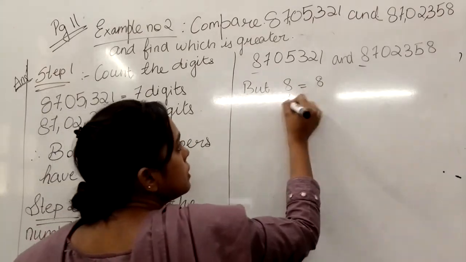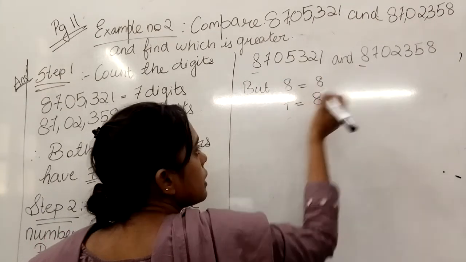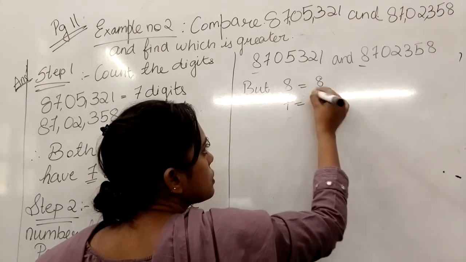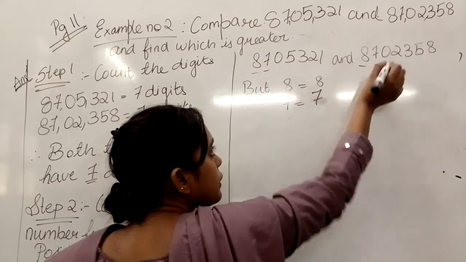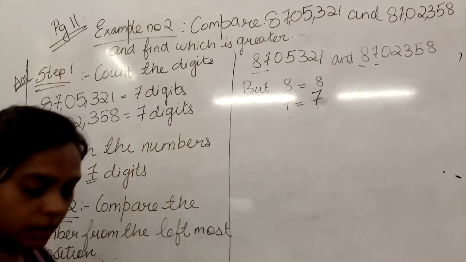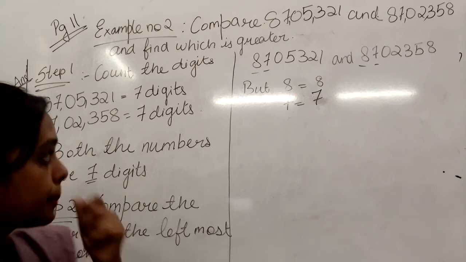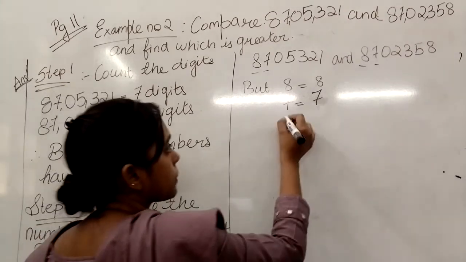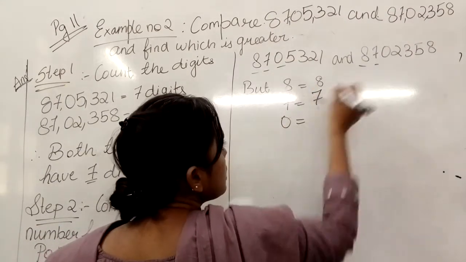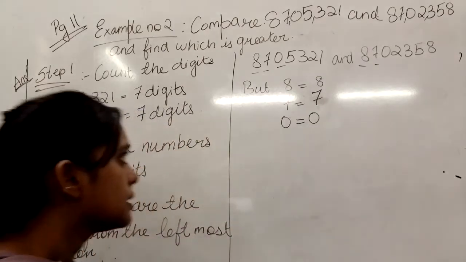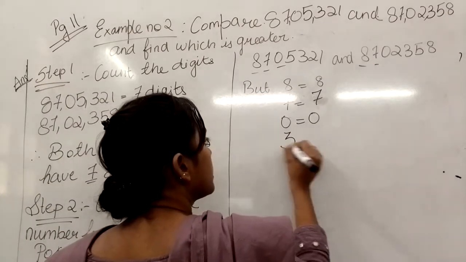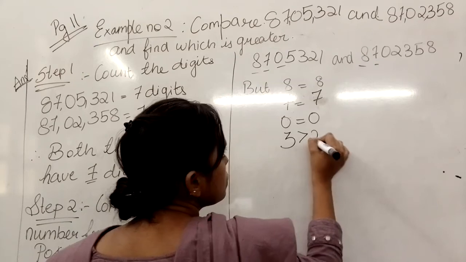Then you have 7. 7 is equal to 7. Then the next number is 0. 0 is equal to 0. Yes. Then see the next number.